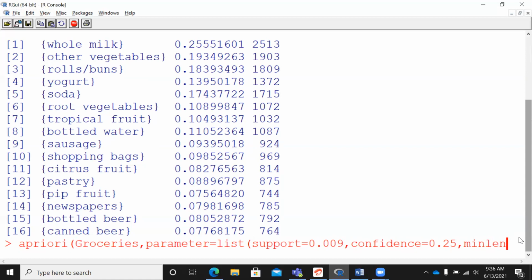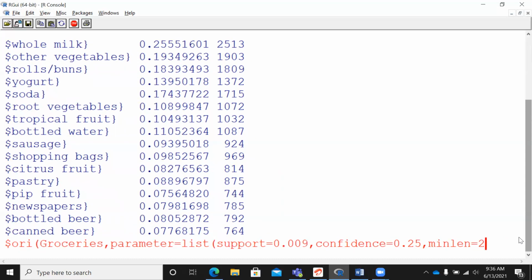Please note this point. The minimum length is 2, which means there should be an association of at least 2 items in the basket, right? I don't need the support and such things wherein the person has bought only one product.